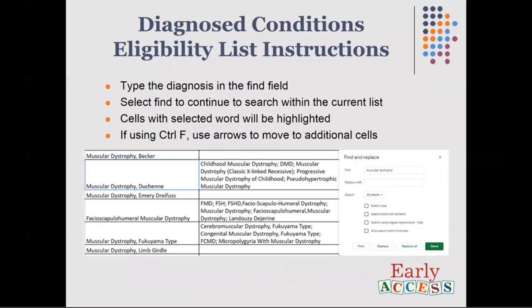To look for a specific condition, type it in the Find field. Select Find to continue to search within the current list. Cells containing the specific word or condition will be highlighted. If using Control F, the arrows move to additional cells with the condition or word in the search. In this example, there are several types of muscular dystrophy listed.